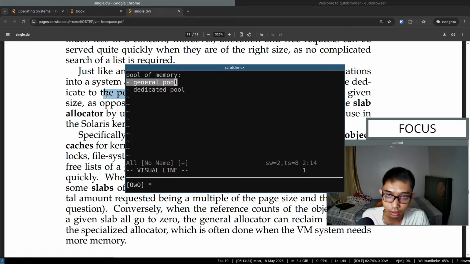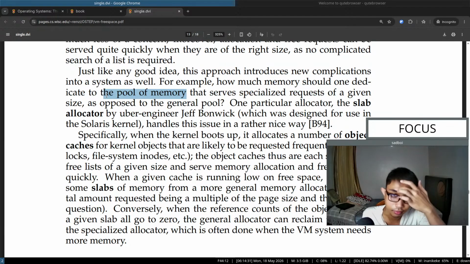So how much is the general pool and how much is the dedicated pool? Something like that.